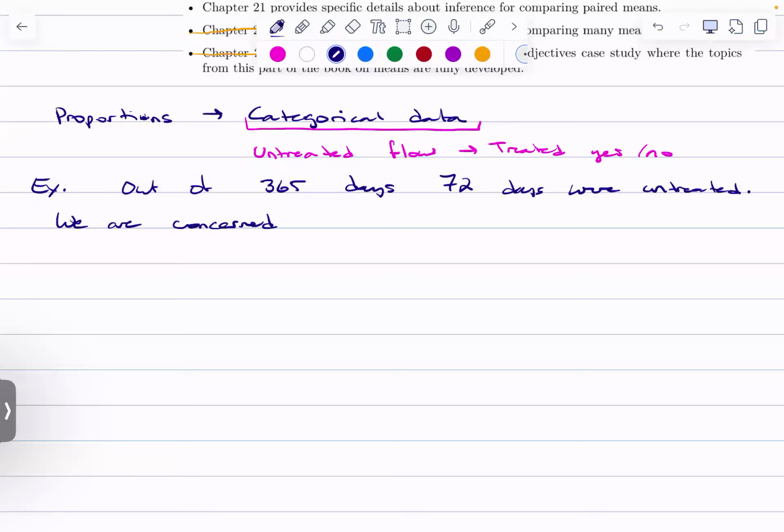It was going to be about payday loans, so this is better, I think, even though it's wonky. We're concerned if more than 15% of days are untreated.